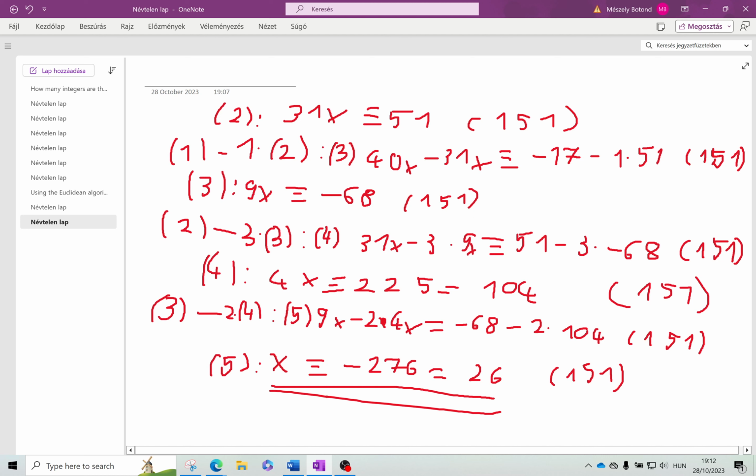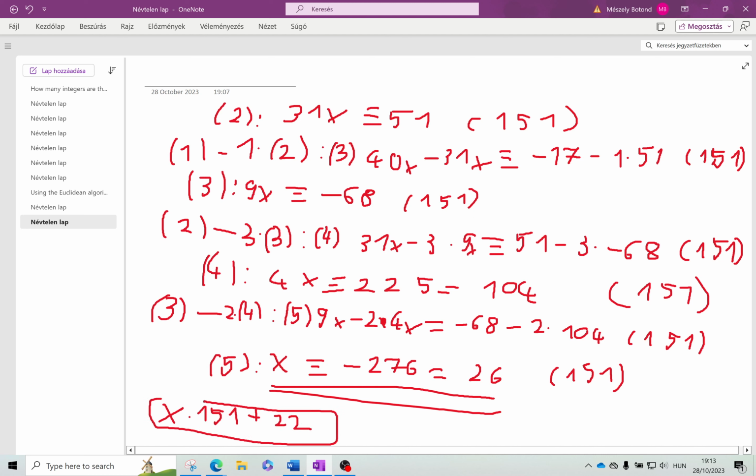So from that we get that the numbers that give you 33 when divided by 302, and before that multiplied by 202, are those numbers that are in this form: x times 151 plus 26.